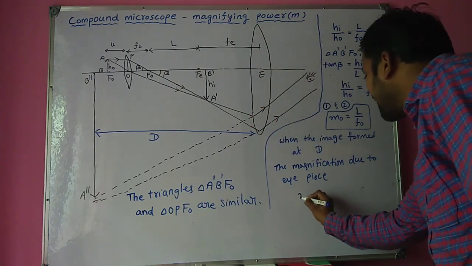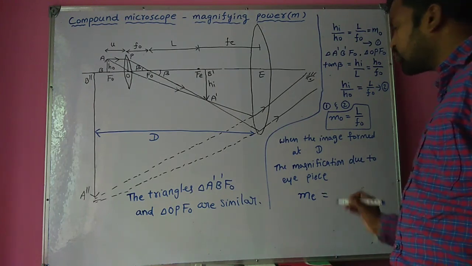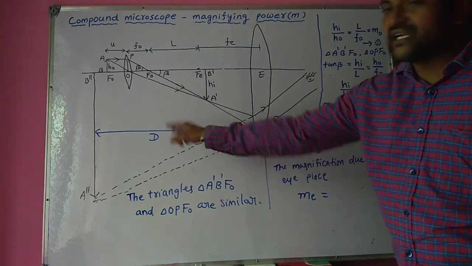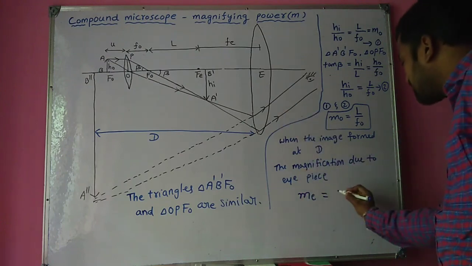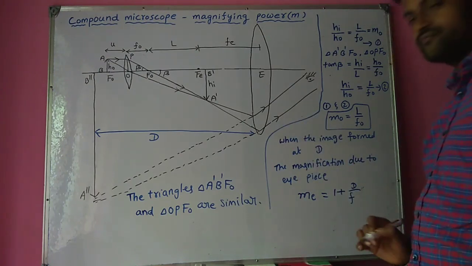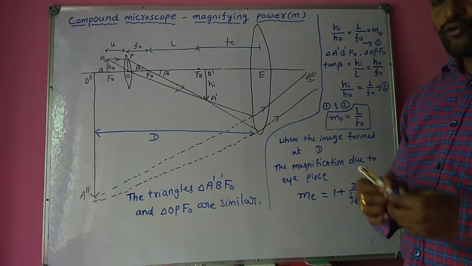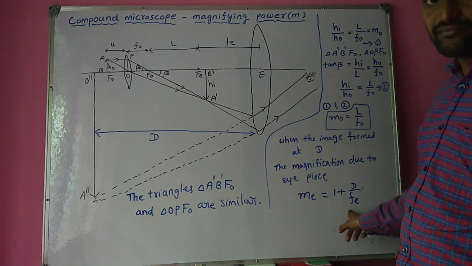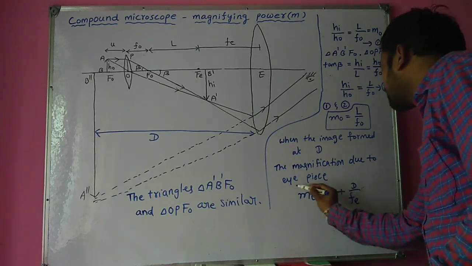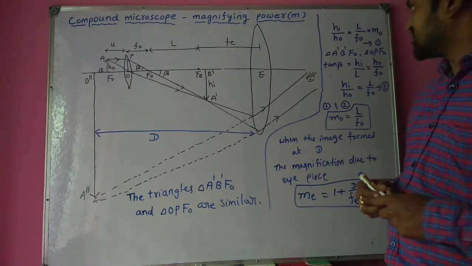That's why the magnification due to eyepiece can be taken as ME, which is equal to 1 plus D by FE, when the image is formed at the near point. Here FE is the focal length of the eyepiece and D is the near point. This is the magnification produced by the eyepiece.